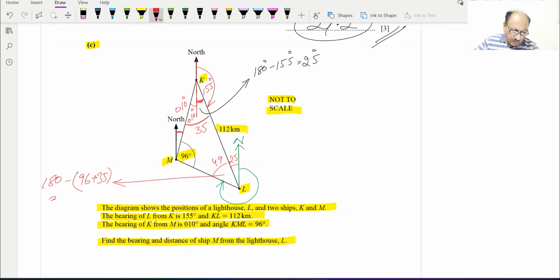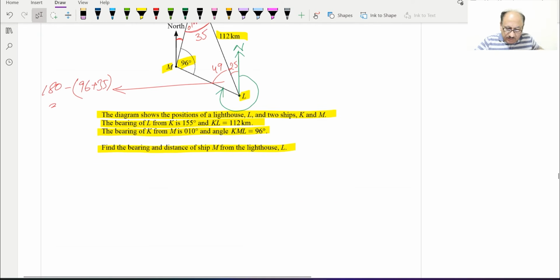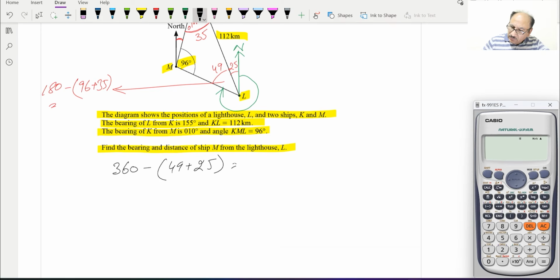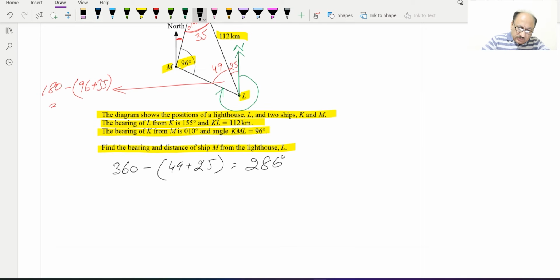So we can write 360 minus 49 plus 25, and this is equal to 286. So the bearing will be 286 degrees. So one answer we found, but the distance of the ship will be ML.